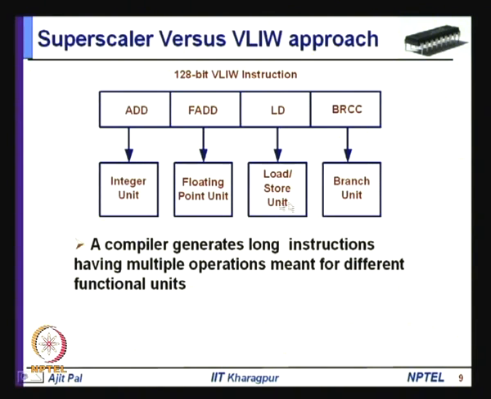So, in this particular case the CPU has got 4 functional units, integer unit, floating point unit, load store unit and branch unit, which are fed parallelly by the codes available in a single instruction. So, here a single 128 bit VLIW instruction is shown, and this is fed to those operations. In this case the implementation will be far simpler than that of superscalar architecture.